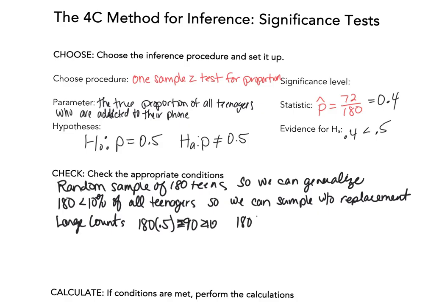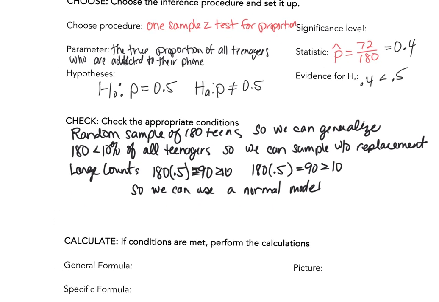And then 180 times 0.5, because 1 minus 0.5 is 0.5, 90 failures. Remember, this is called the success failure condition. We need more than 10 successes and failures. And if that were true, this is what we would expect. So we can use a normal model. Okay, so our conditions are all met.